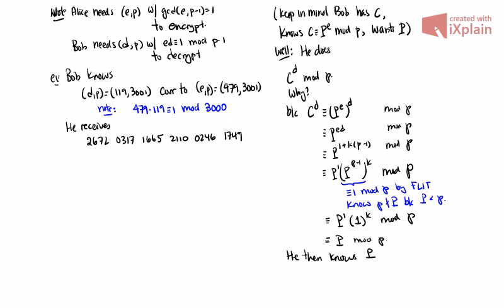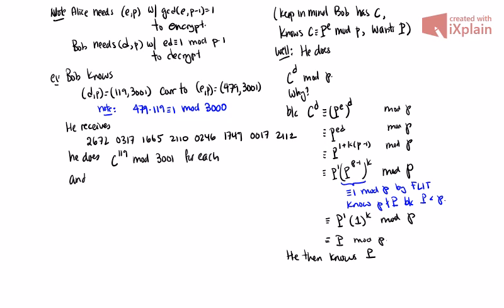This is fairly lengthy. 0017 and 2112. So this is what he does. He raises each to the 119 mod 3001.